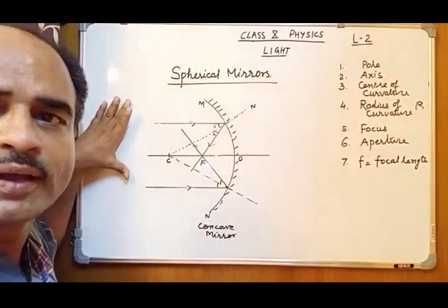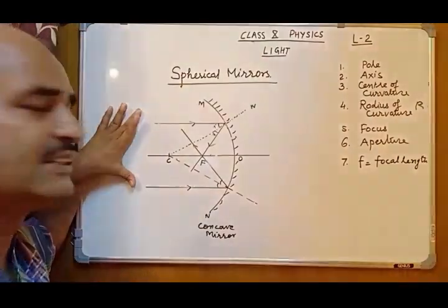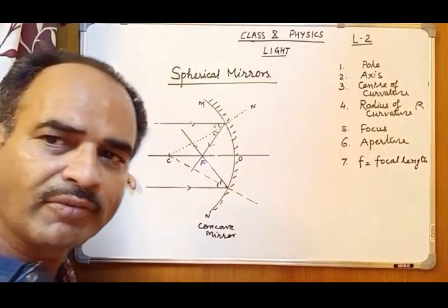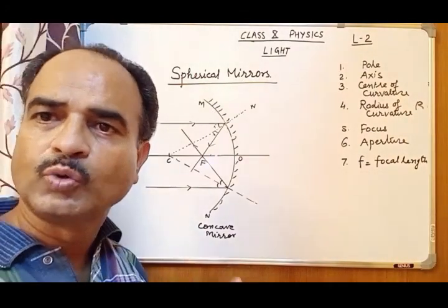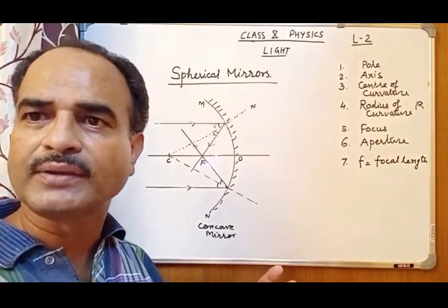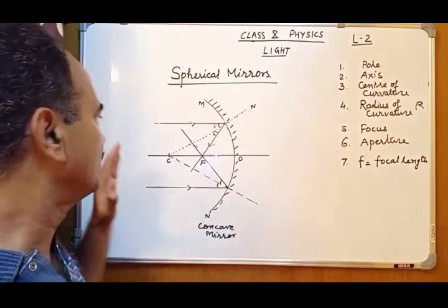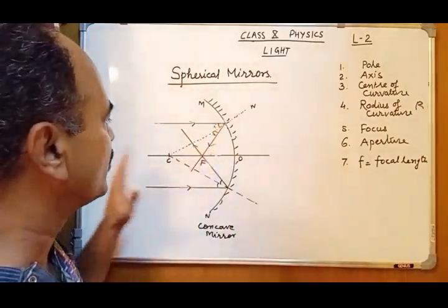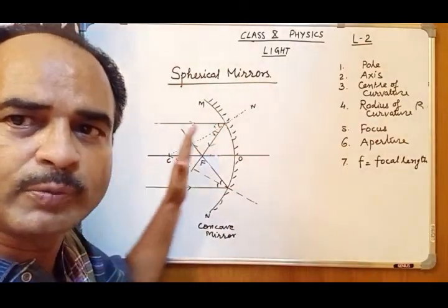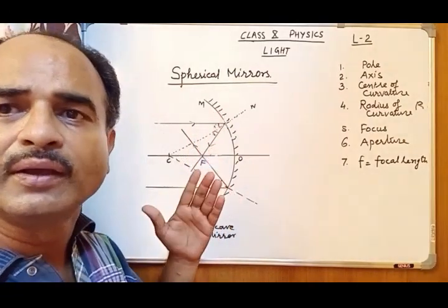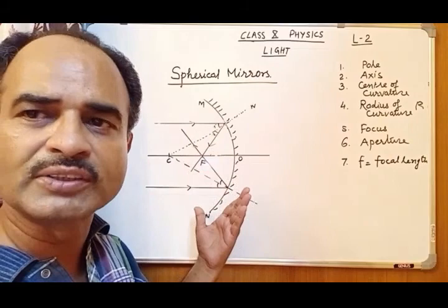So we can use this diagram as a ray diagram which is valid for objects kept at infinite distance or far away from the mirror, because all the rays will be coming parallel to the principal axis, and after reflection they will meet at the focus, so the image will be formed at the focus.